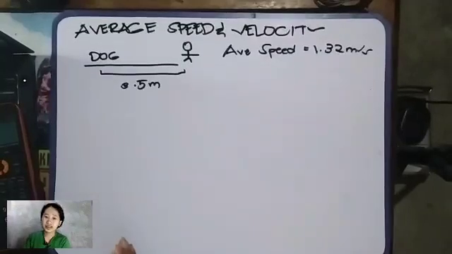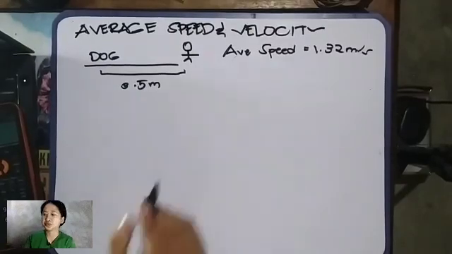How much time does it take for the dog to reach the woman? So, ang hinahanap nito is yung time na tinravel ng dog, yung initial position niya papunta sa woman, which is parang final position niya.